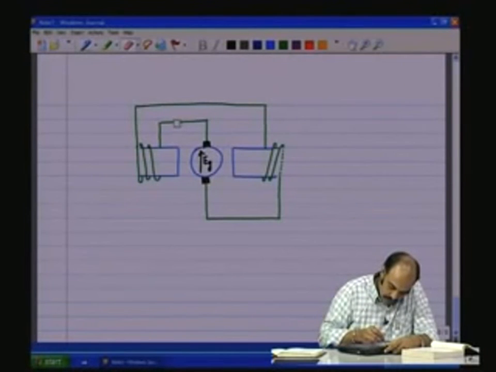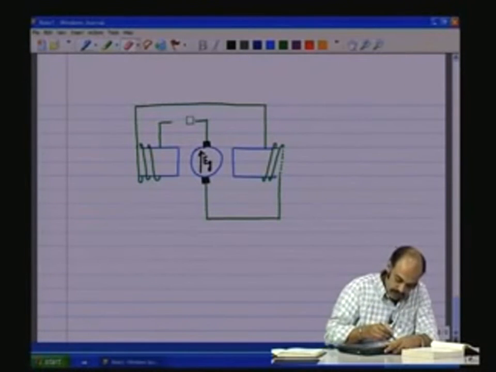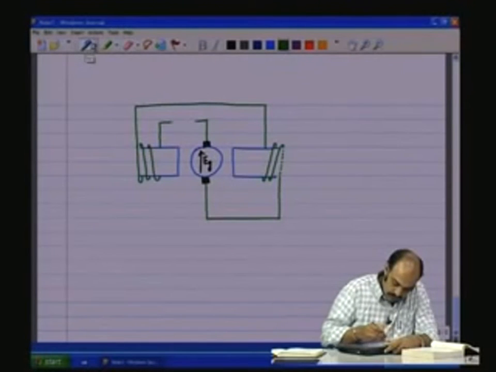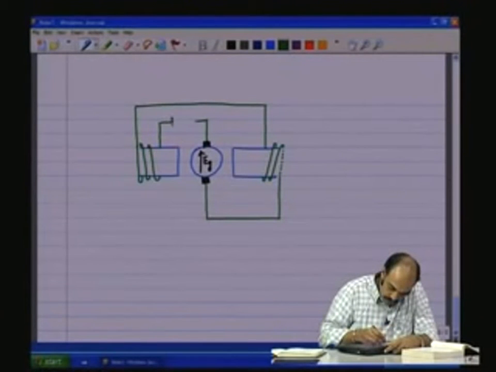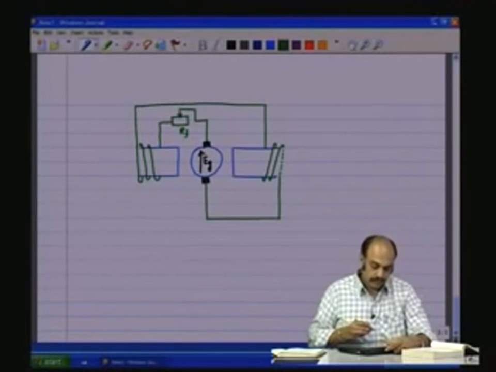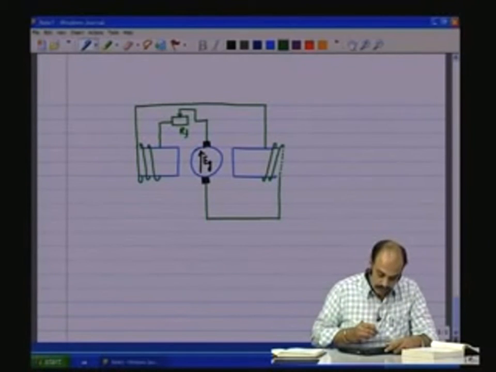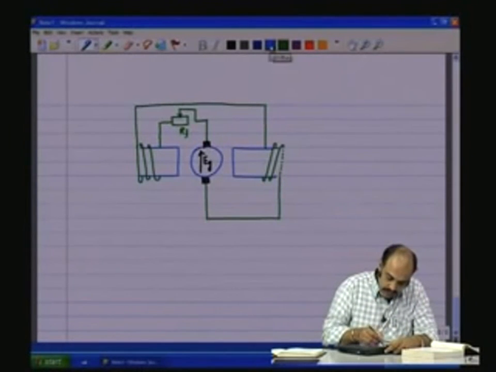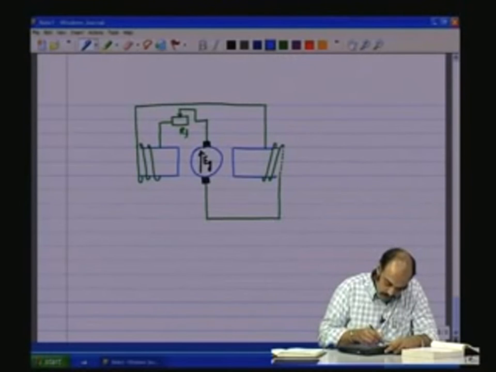So, let me provide a rheostat there. So, we have RF, which can set the value of the field current to the required amount. So, through these you have the IF which is flowing.